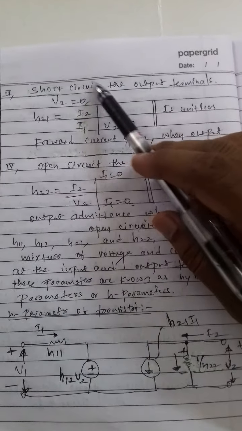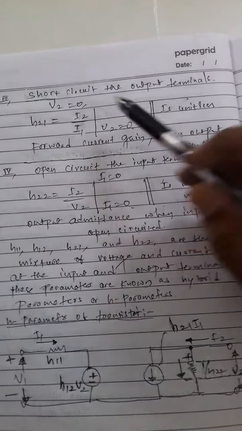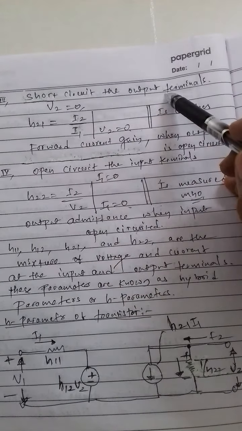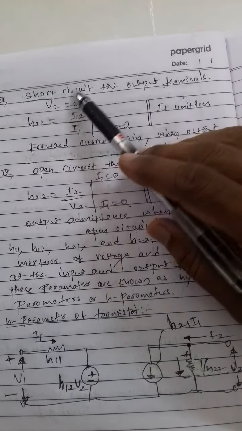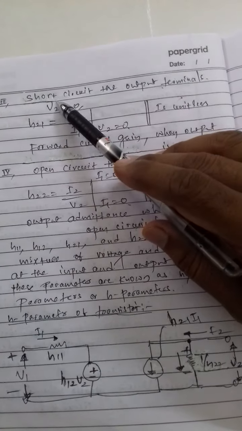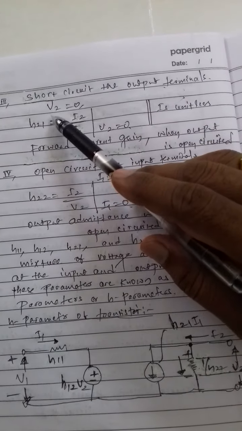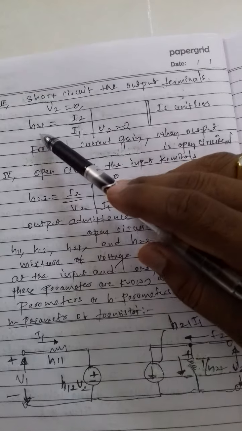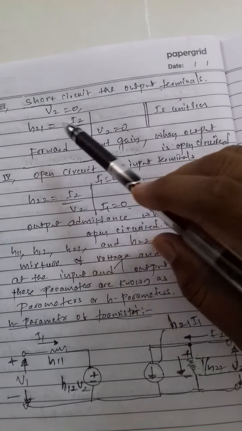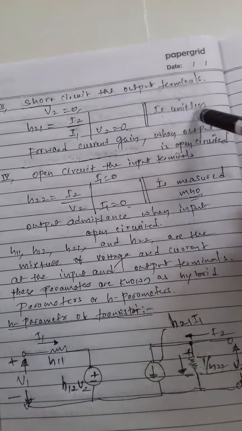Now, again short circuit the output terminals, that is V2 is equal to 0. H21 is equal to I2 upon I1 when V2 is equal to 0, and it is unitless.